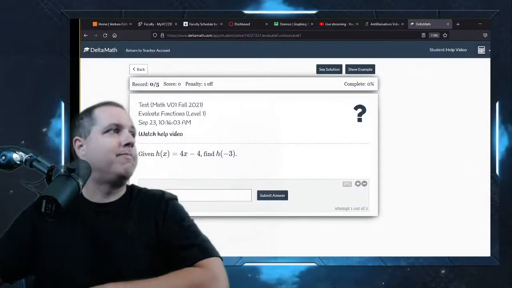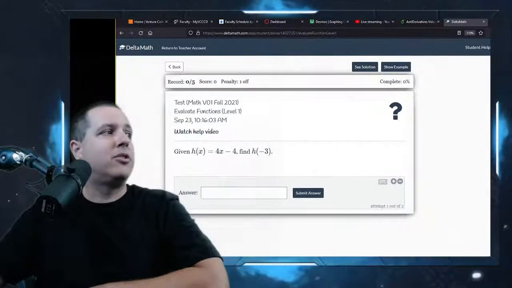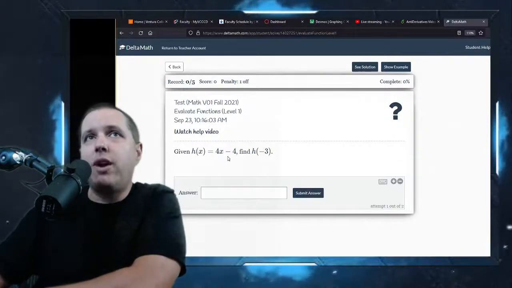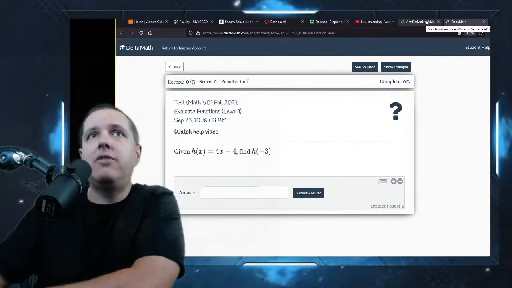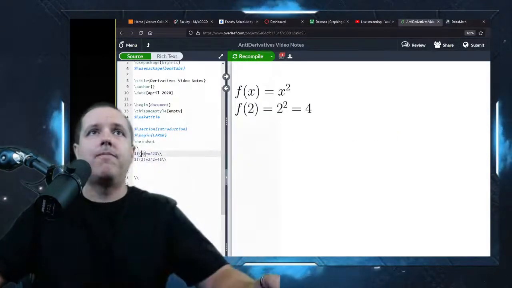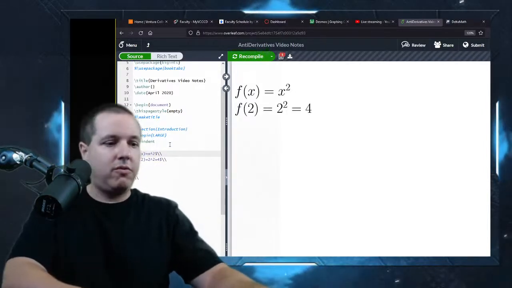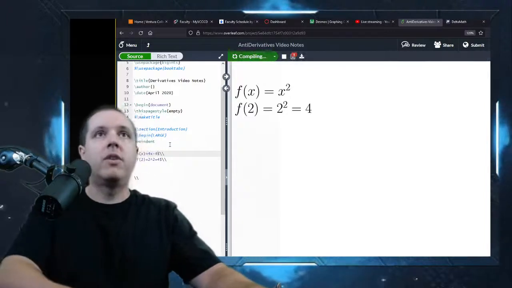Evaluate functions. Remember, evaluate is just a fancy word that means substitute this into your problem. So here we have h of x equals 4x minus 4, and we want to find h of negative 3. Okay, so let's look at that. h of x is equal to 4x minus 4.